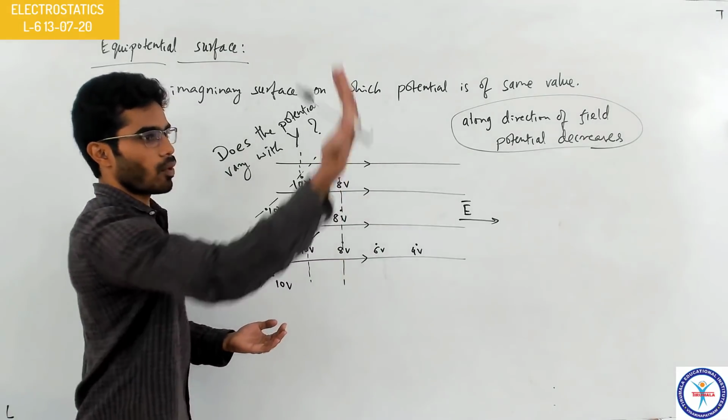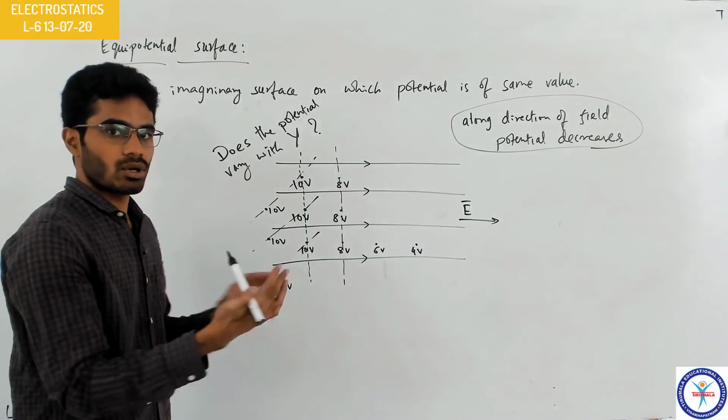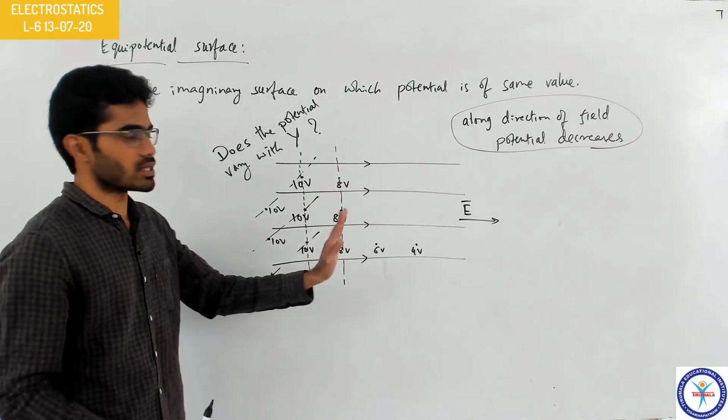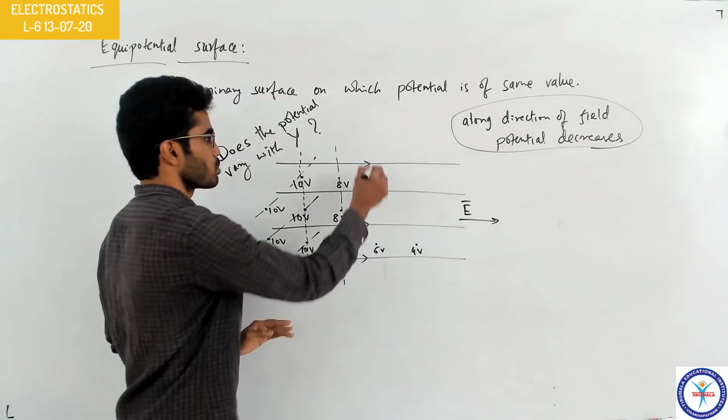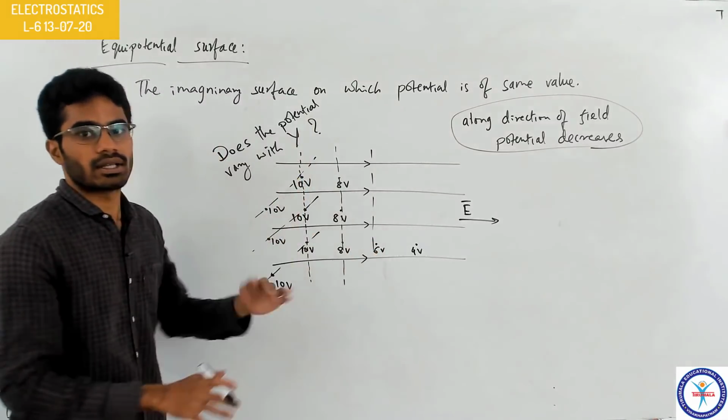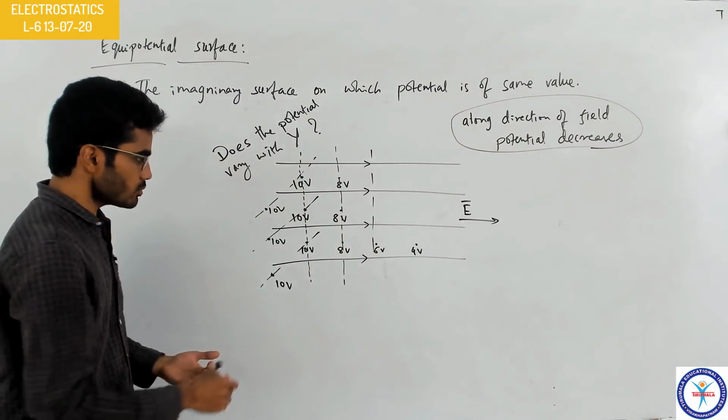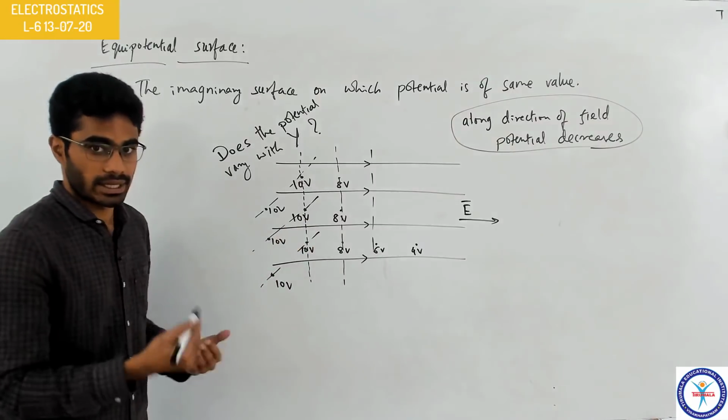So all these points, as you are seeing, all these vertical planes, the 10 volts plane, the 8 volts plane, then the 6 volts plane, these are equipotential surfaces. One such plane is this 10 volts plane.